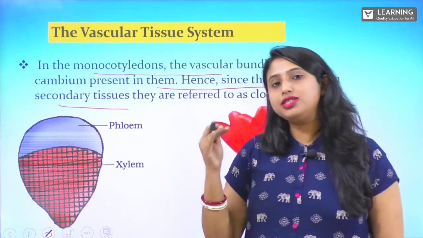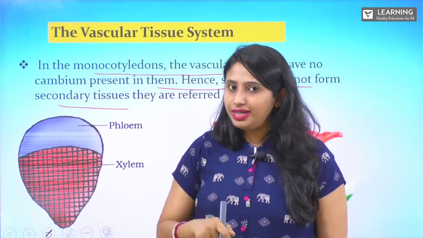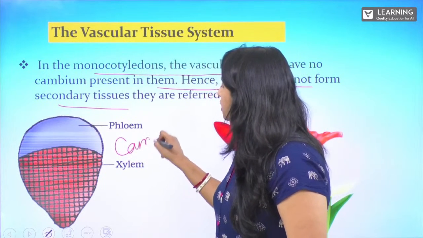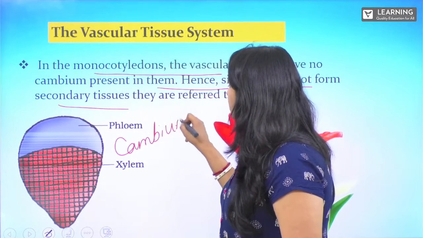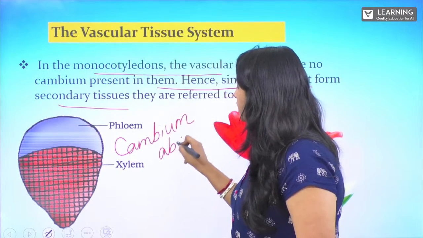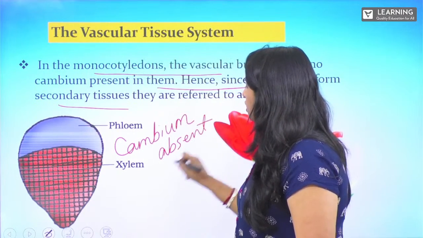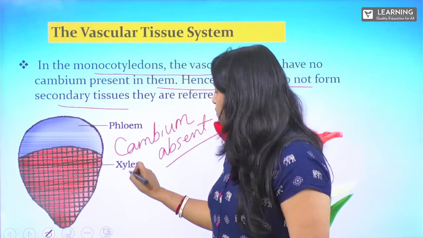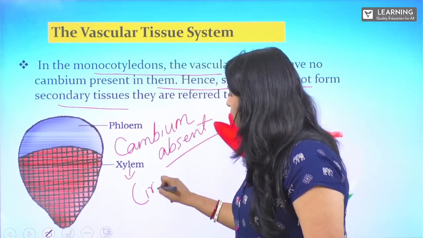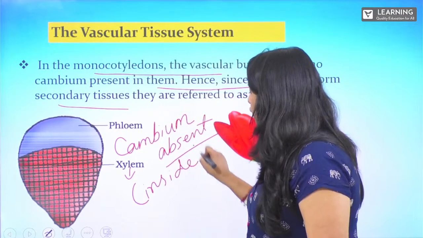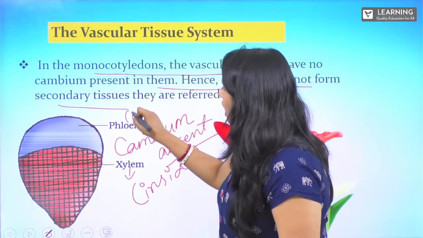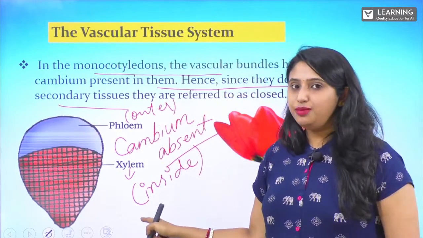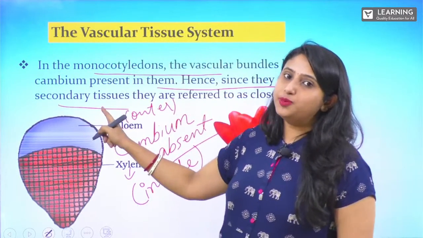Here cambium is absent, and they are lying in the same radii. Xylem is present inside and the phloem is present outside.